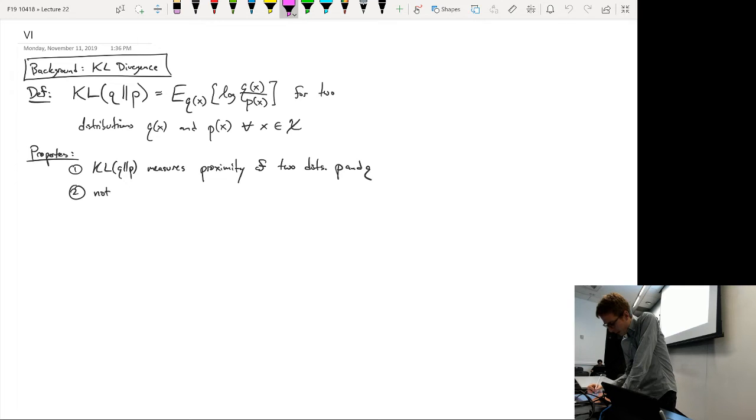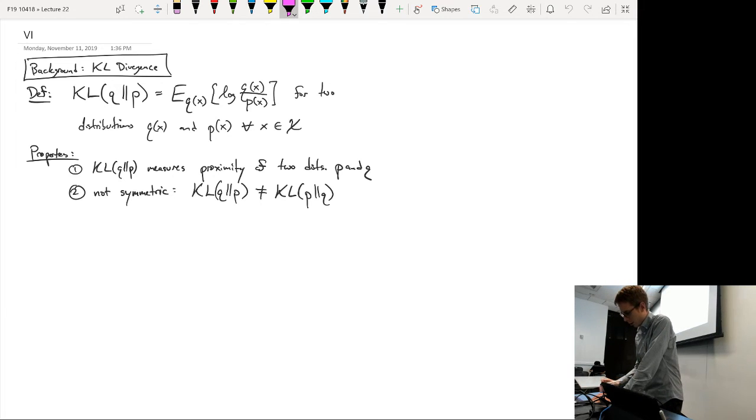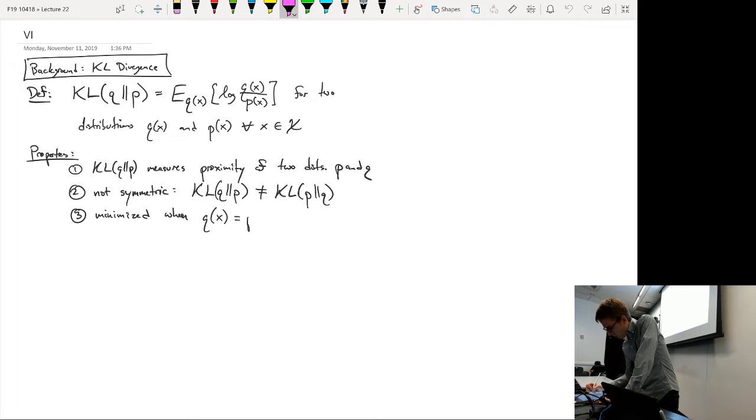Another important property is that it's not actually symmetric, so KL of Q P does not equal KL of P Q. The third is that it's minimized when Q of x equals P of x for all x.